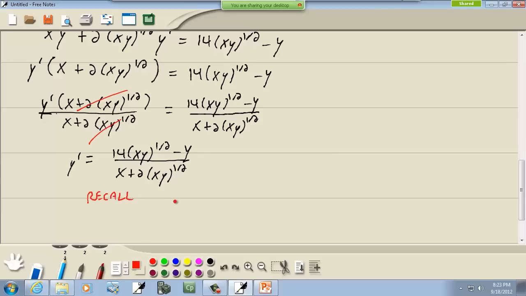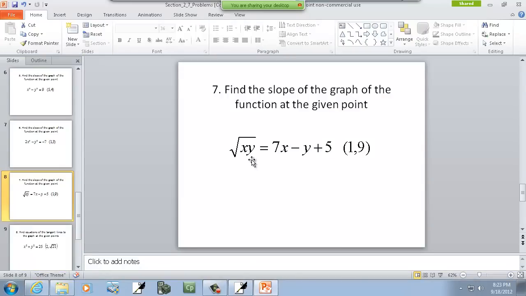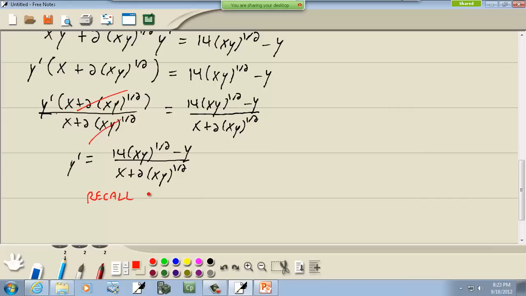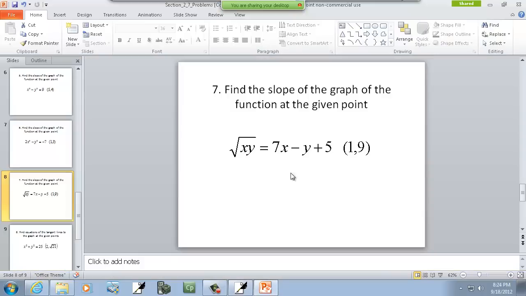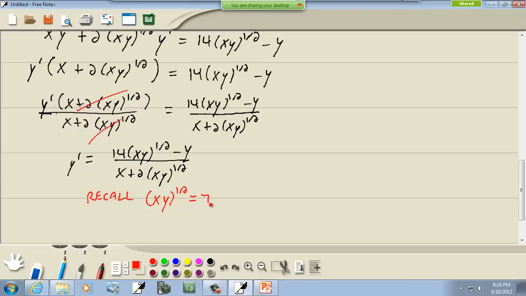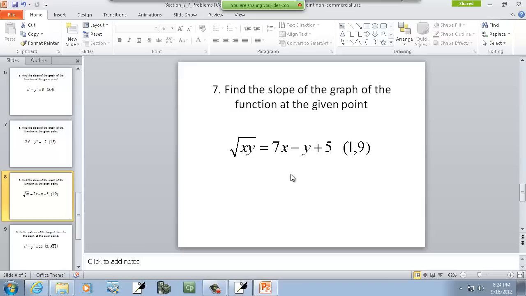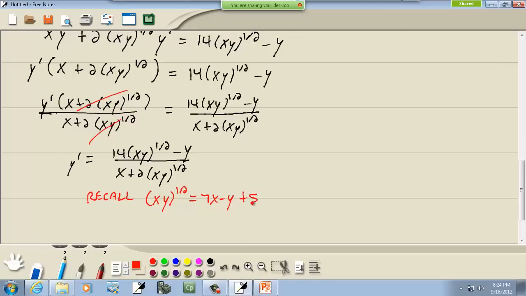Now recall, in our original problem, we said square root of xy, which is xy to the 1/2, is equal to 7x minus y plus 5. One of the little tricks you'll see is they'll go through and replace the xy to the 1/2 right here with 7x minus y plus 5.